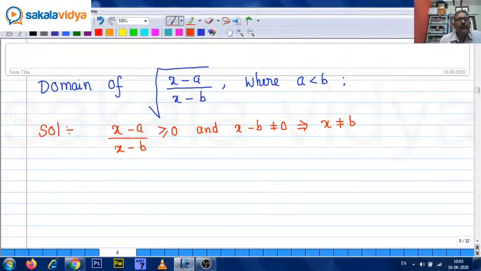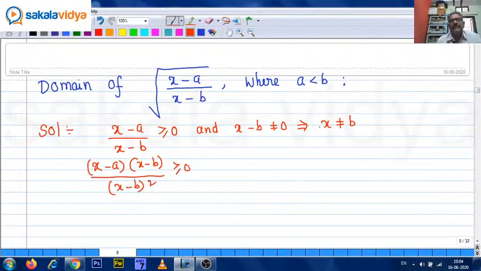So now multiply both numerator and denominator by x minus b. You get x minus a into x minus b upon x minus b whole square, greater than or equal to 0. Since x does not equal b, x minus b whole square is not equal to 0. Cross multiply; this is a positive value.